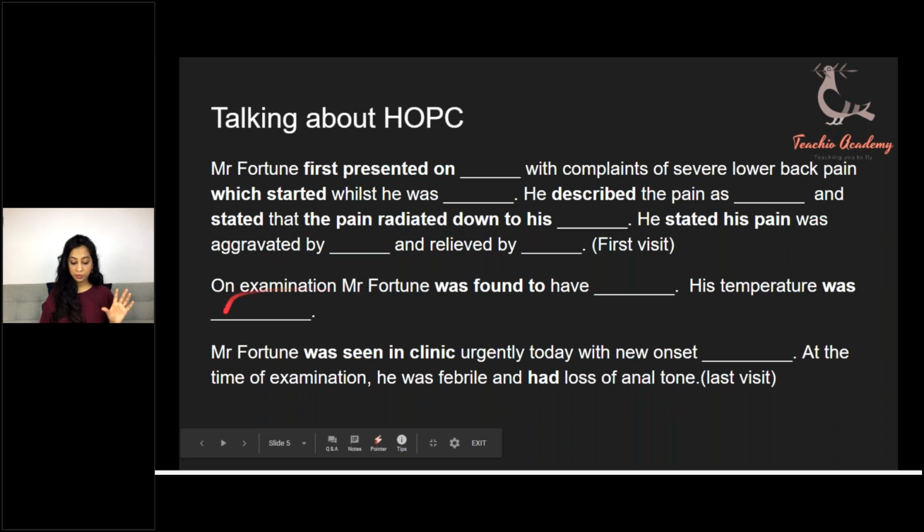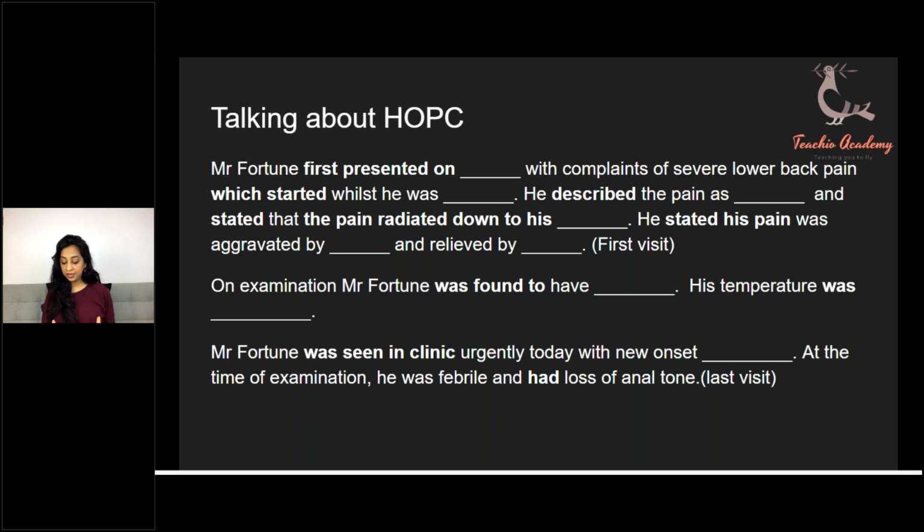Okay, so a good way to write about the last visit that the patient comes to you with is "was seen in clinic." But notice that because we're talking about history of presenting complaints, we're going to be talking in past tense. Okay, so presenting complaint exists when you're writing the letter. So that's going to be in present tense.